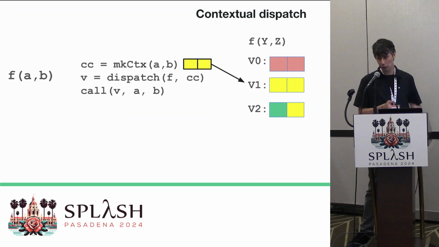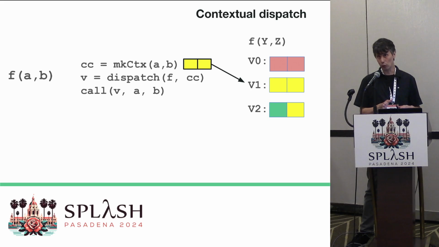Now, all right, we don't have the assume, but we have to have something else. Before we jump into the code, we need to check that the arguments we have in our hands are compatible with the versions we are going to call. So we dispatch, for example, say we call f of a and b. We inspect the arguments. We see they are yellow.